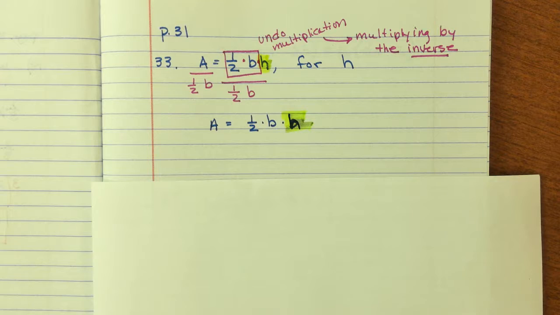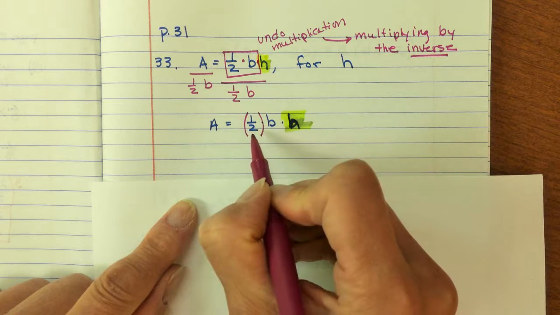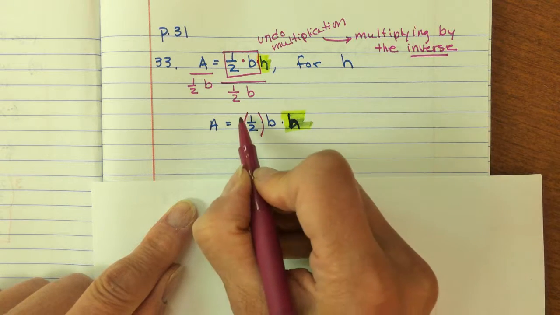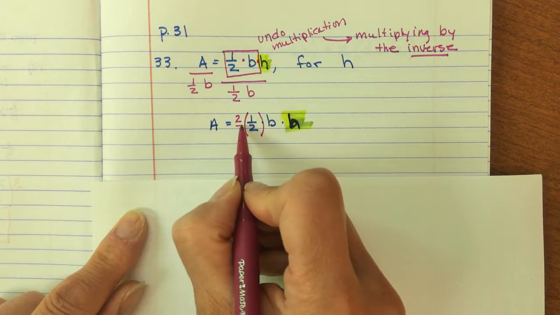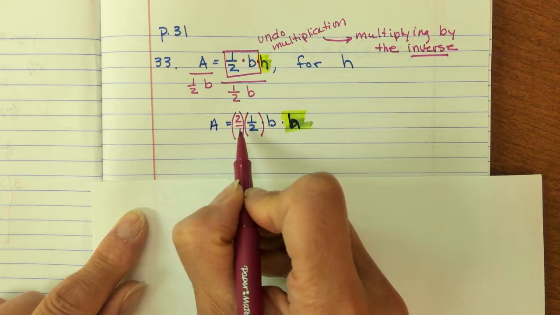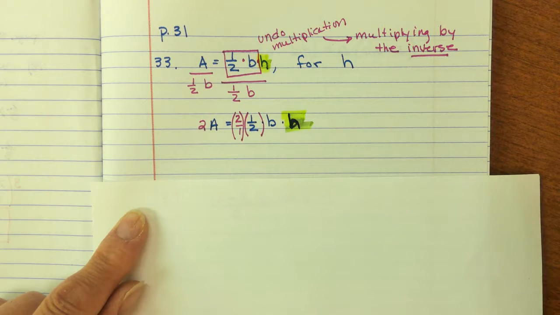I can do this in two parts, or I could do it in one swoop. But let's do it in two parts. The inverse of 1/2 is 2, or 2 over 1. If I'm going to introduce multiplying by 2 on the right side, I'm going to multiply by 2 on the left side.